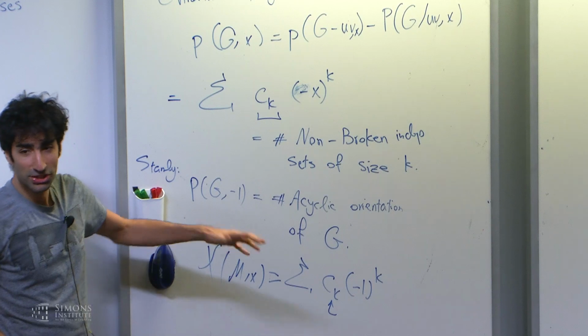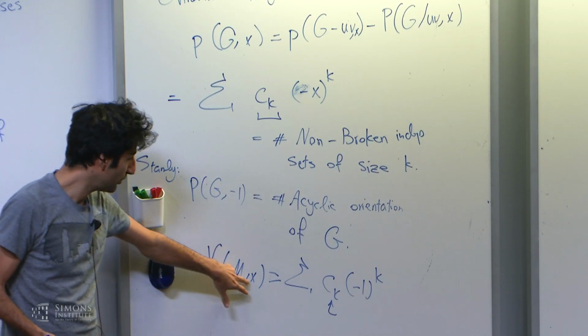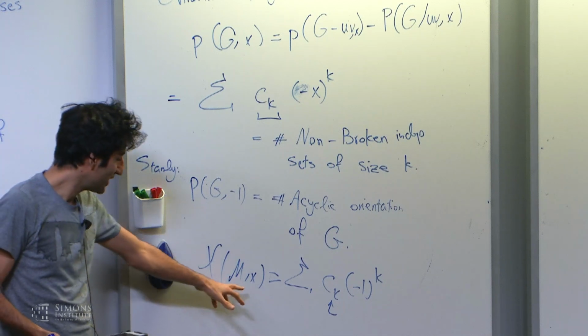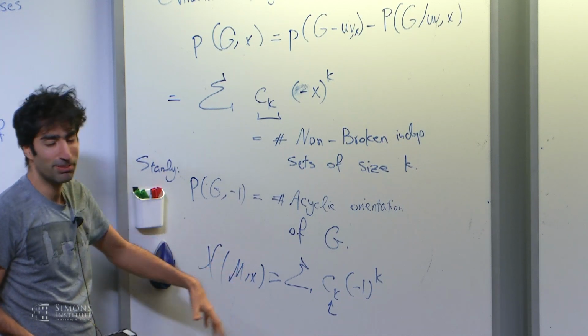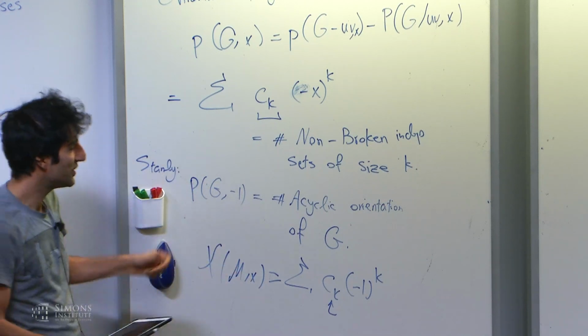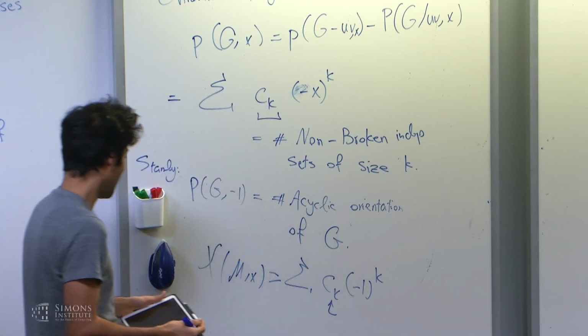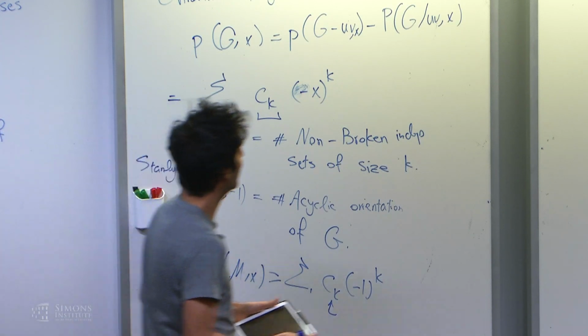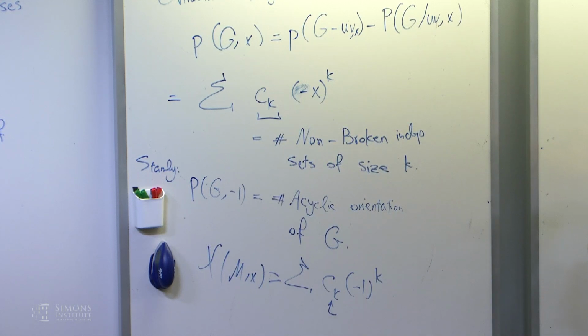That is also an interesting question. So there, if you plug in minus 1, you get some interesting quantities. If the matroid corresponds to hyperplane arrangements, it corresponds to the number of regions of that hyperplane arrangement.